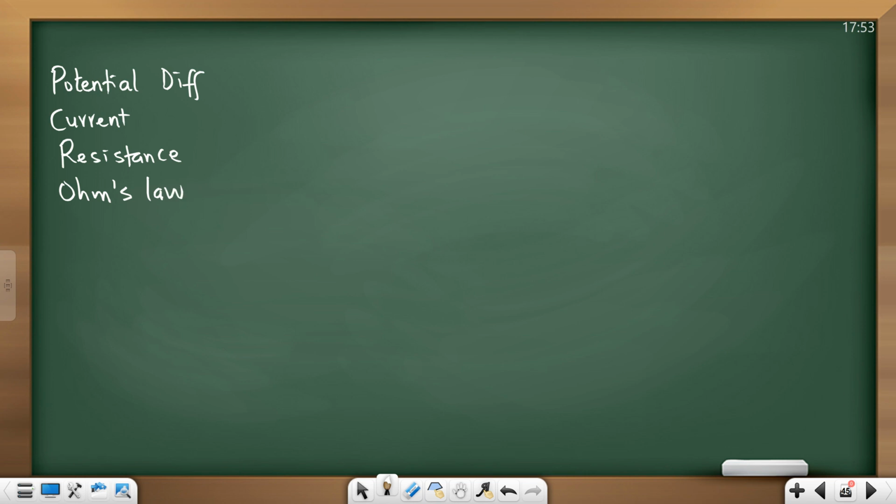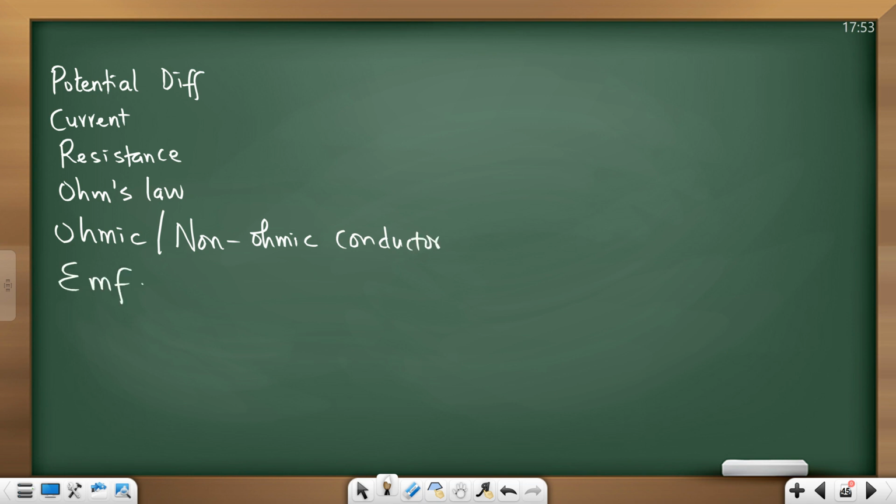Ohmic and non-ohmic conductor. An ohmic conductor is a conductor that obeys Ohm's law. And a non-ohmic will not obey. What else are we defining? EMF. And please be able to define internal resistance.